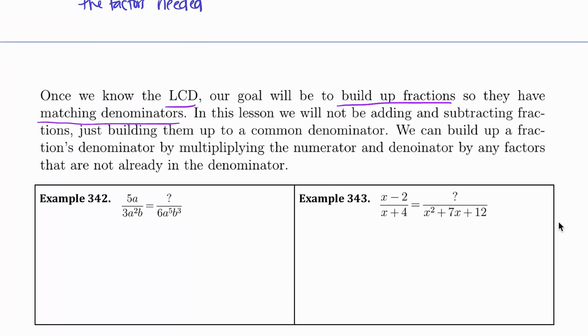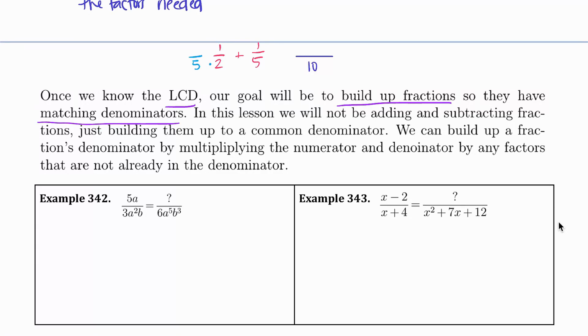All right, let's refresh, think back to 3rd or 4th grade. If I have 1/2 plus 1/5, if I want to write these with common denominators, let's think of the least common denominator of 2 and 5. They both go into 10. And then really what we have to do next is say, what did we multiply 2 by to get to 10?